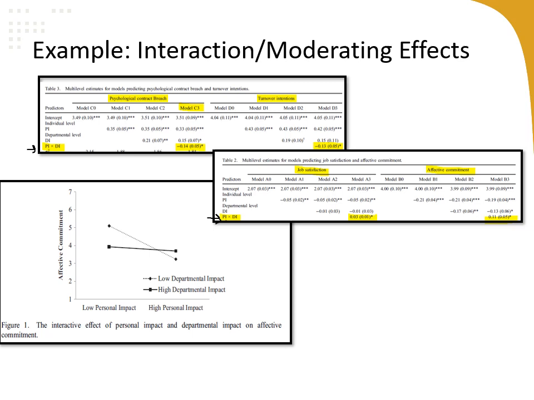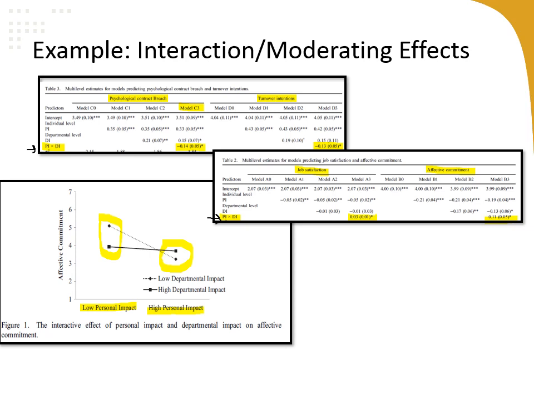So we can see here, down here represents a low personal impact. Over here represents a high personal impact. So here we're looking at low personal impact, high personal impact. Then the nature of the line tells you if it is a high or low departmental impact.